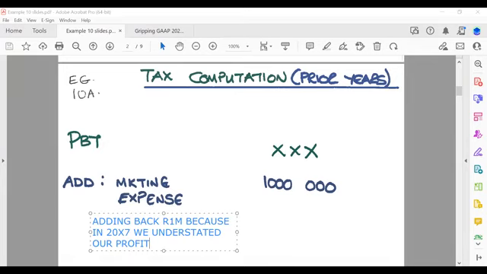We have a machine. And we know that for tax purposes, when we have a machine, we are allowed to claim a tax allowance on the machine. How much was the tax allowance that we were allowed for wear and tear? It was 20%. So we would be allowed to claim 20% of this 1 million as a wear and tear allowance for our prior years.